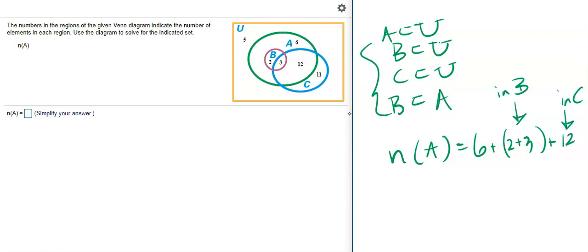And when I say inside of B, I also mean, of course, and A. And then as well with the inside of C, that means and A. Because here it's inside the intersection of A intersects C, those 12. And so if we add them all up, 6 plus 5 is 11, plus 12 more is 23. So that's the number of elements inside of A.